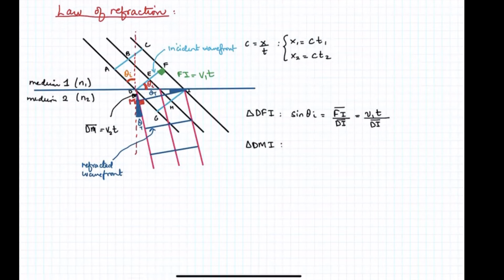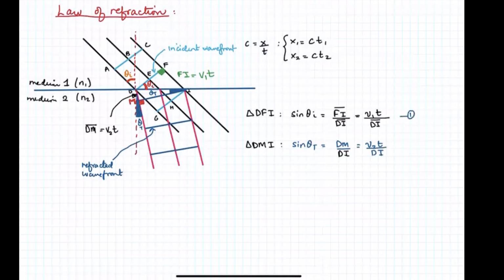So in triangle DMI, I can write sine theta t equal DM divided by DI, which can be rewritten as v2t divided by DI.